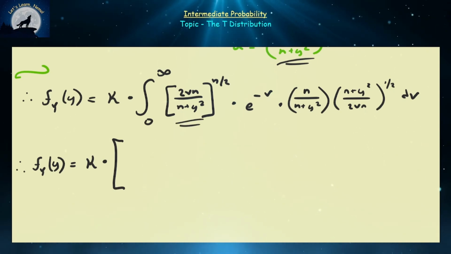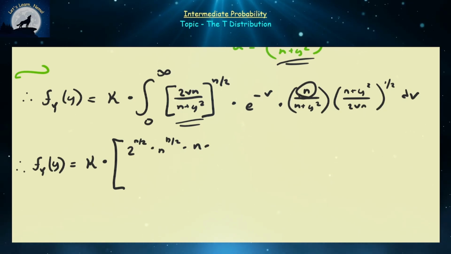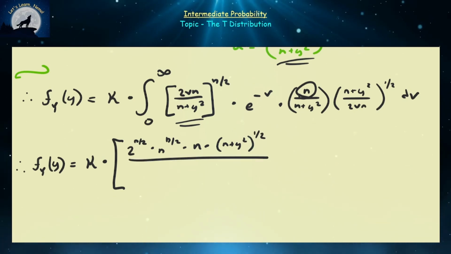From our first bracket, we can grab a 2 to the n over 2 term. We're also going to have an n to the n over 2 term. On the top of that differential of u term, we're going to have another m. And also in that term, we're going to have an (m plus y squared) to the power of 1 over 2. And that's going to organize our numerator.